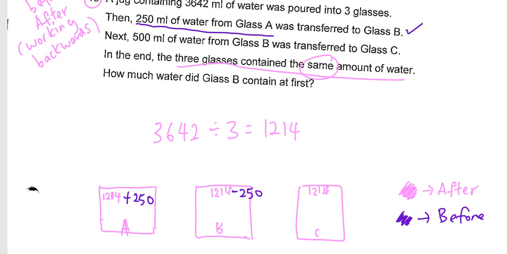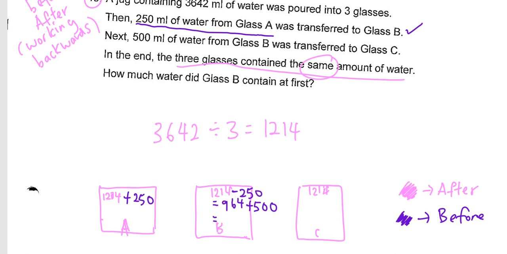I put a tick. Now next, 500 milliliters of water from B was transferred to C. Okay, now let's find out what this number is first. 1214 minus 250 gives me 964. Now with this 964, they said 500 milliliters of water from B was transferred to C. That means 964 is the amount after it was transferred, so before that there should be 500 more, right?